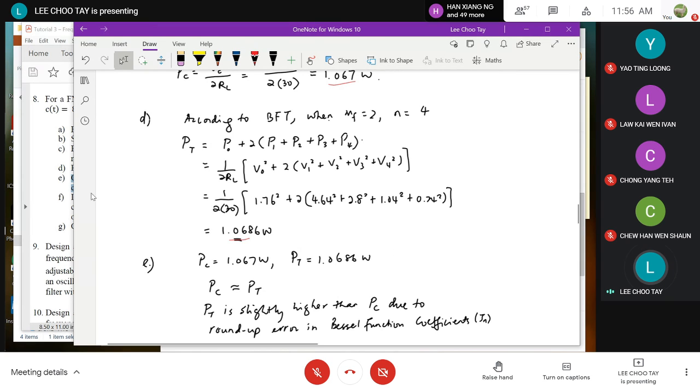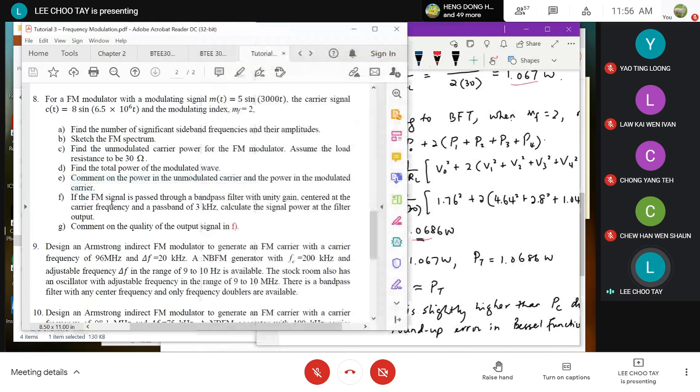Okay, so let's move on to the next one. If the FM signal is passed through a bandpass filter with unity gain, centered at the carrier frequency with a pass band of 3 kilohertz, calculate the signal power at the filter output.